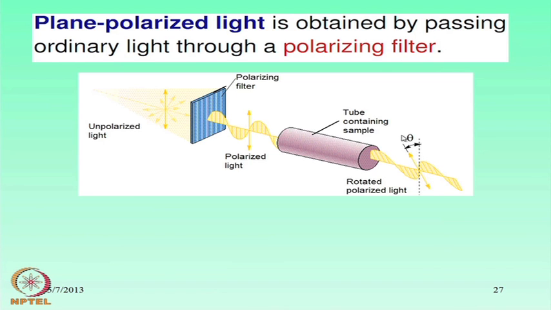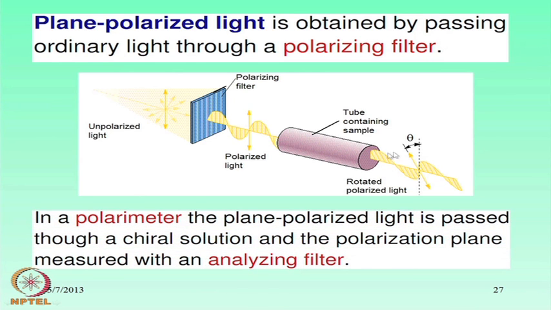The movement, that is the theta amount, is known as the optical rotation of the molecule, where the plane of polarization is rotated by the optically active compound present in the medium. That measurement gives us the experimental proof for the optical activity.